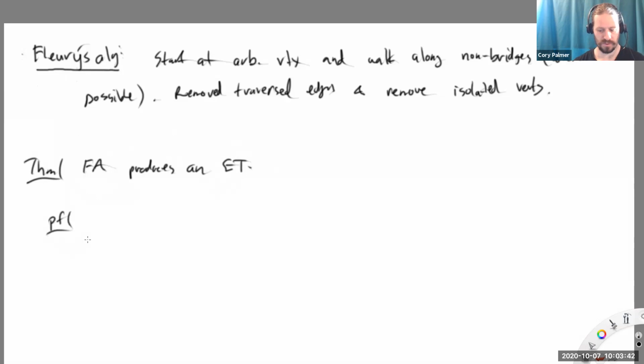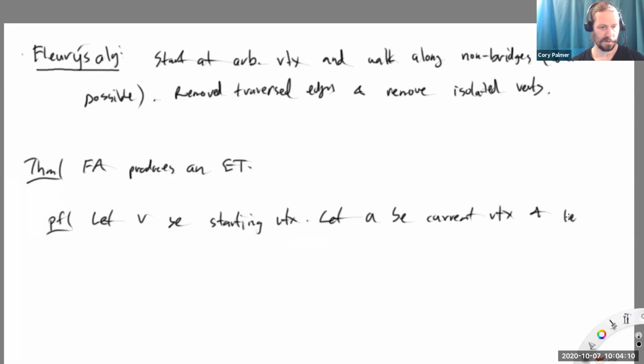So what's the proof? Let's suppose that we're running the algorithm and we're at some arbitrary step, and the current vertex is u. Okay, so let's initialize a few things. So let v be the starting vertex. Okay, so we started at vertex v, and we've taken a few steps in the algorithm. Let u be the current vertex.